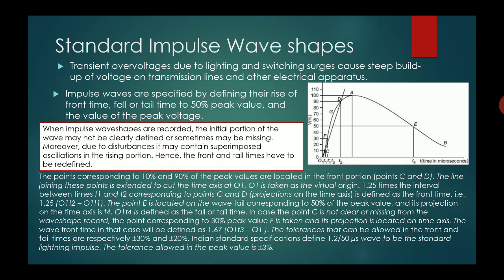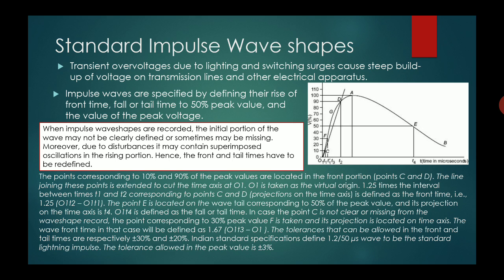Now this is a portion of the text taken from the book. Okay, so this describes the impulse wave. The points corresponding to 10% and 90% of the peak value are located in the front portion, points C and D. So you check point C and point D. It is 10% to 90%.